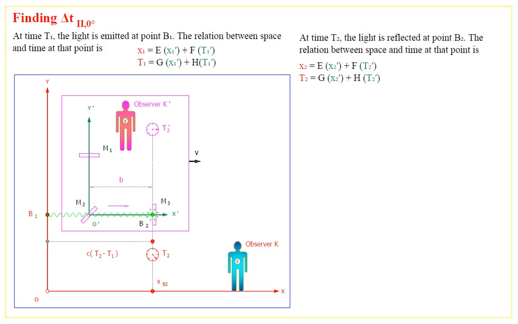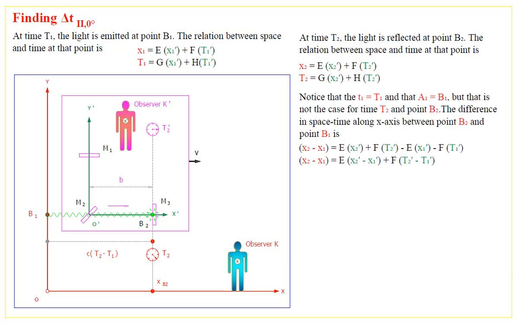At time t2, the light is reflected at point B2. The relation between space and time at that point is. Notice that t1 equals T1 capital and that A1 equals B1, but that is not the case for time t2 and point B2.